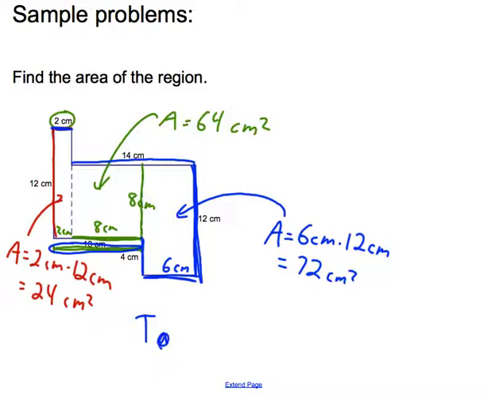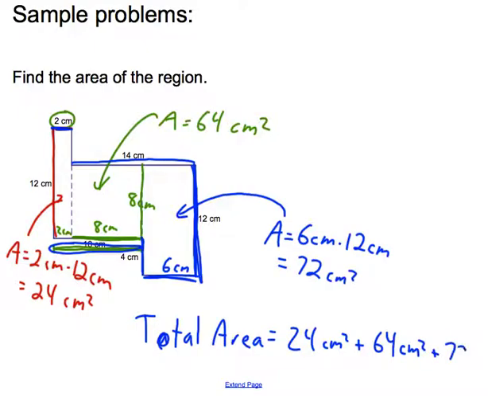Total area is 24 square centimeters plus 64 square centimeters, which is 88 so far, plus 72 square centimeters for a total of 160 square centimeters.